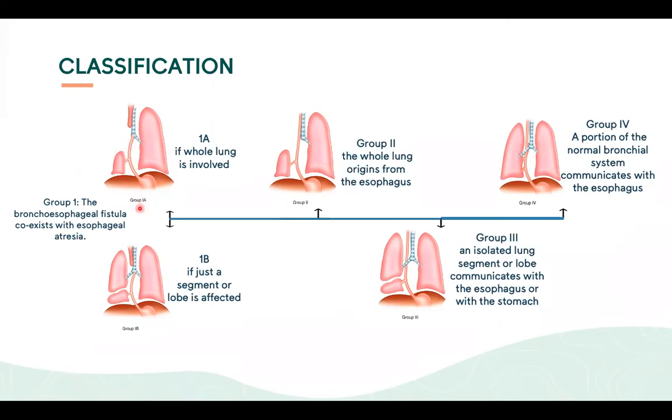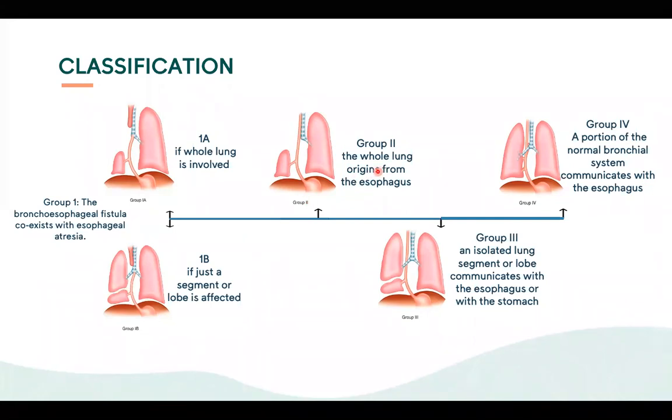Actually, this group is subdivided into 2 groups. 1A, if the whole lung is involved. 1B, if just a segment or lobe is affected. As we can see here, the right lower lobe is the affected lobe.